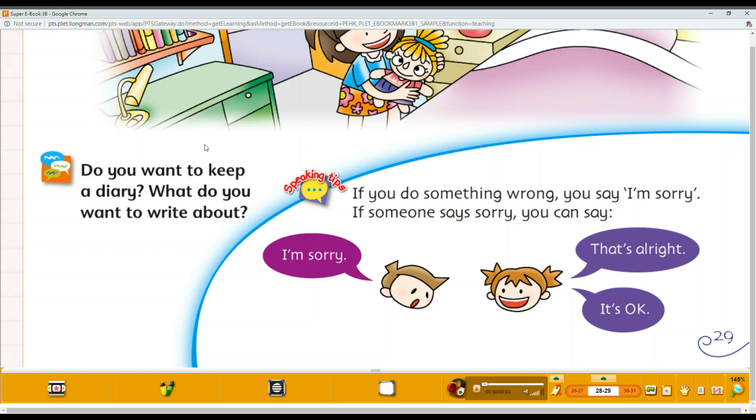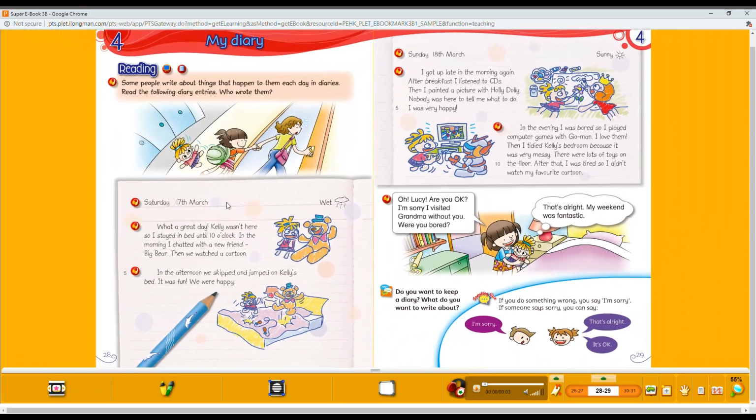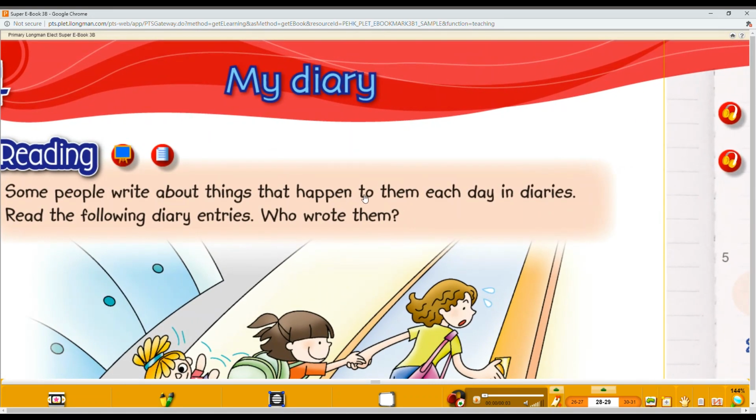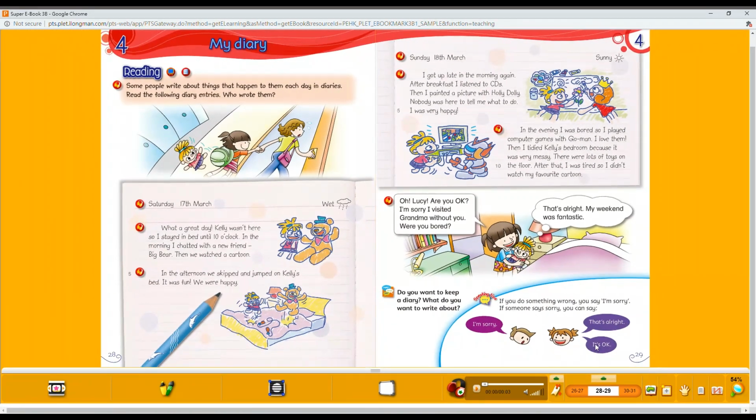Or if you like writing, you can say, oh, I want to keep a diary to write about my feelings or write about interesting, special things in the day. Or you may follow the rubric here. I want to keep a diary to write about things that happen to us each day. Okay?